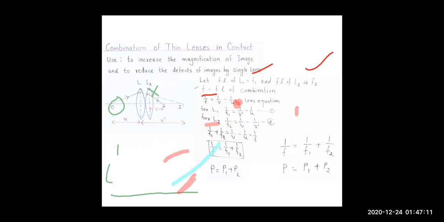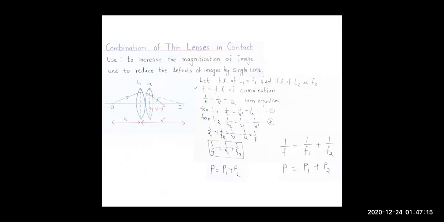Okay, so what we are doing, we are adding equation number 1 and 2. So children, when we add equation 1 and 2, we are going to get 1 upon f1 plus 1 upon f2 equals 1 by v dash, and minus 1 by v dash will get cancelled, and you are going to get 1 upon v minus 1 upon u.